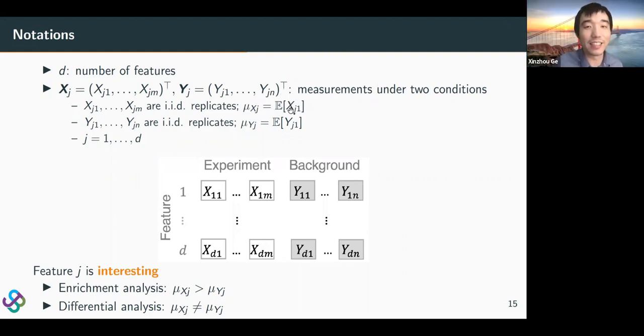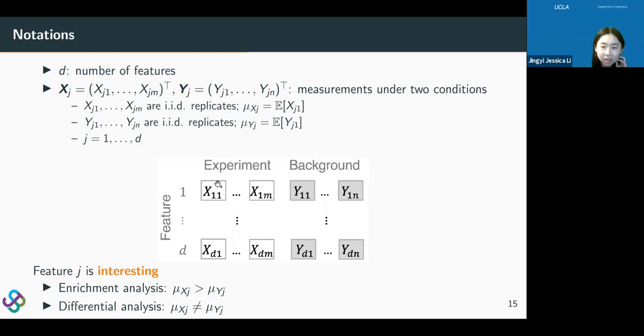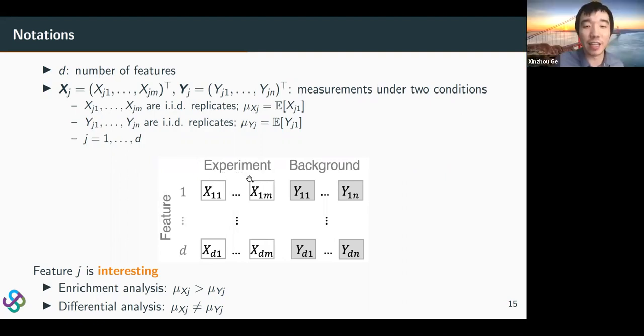The expectation is, I think, we consider that all the replicates from the same feature follow the same distribution, and mu xj is the expectation of that distribution, or we can just consider it as the mean of these values.